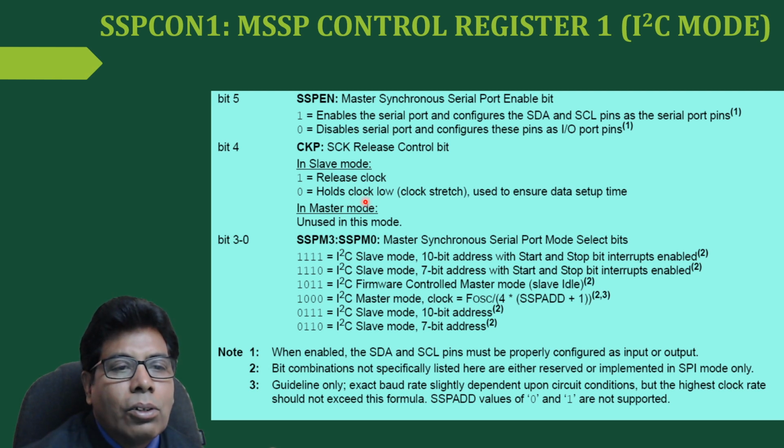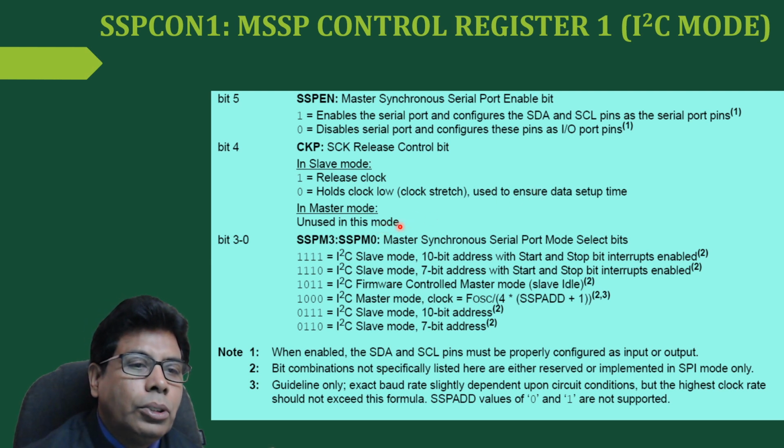When it holds the clock low, that means it is used to ensure that the data clock will be stretched and the data setup time has to be taken care of. Then in master mode it is not used.